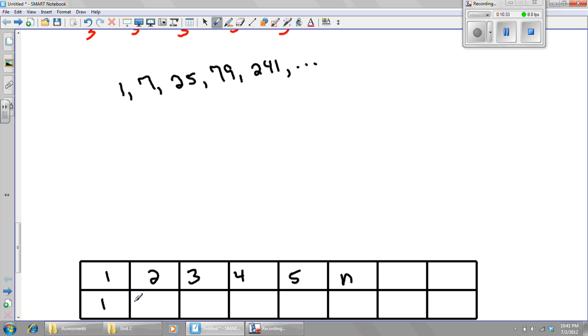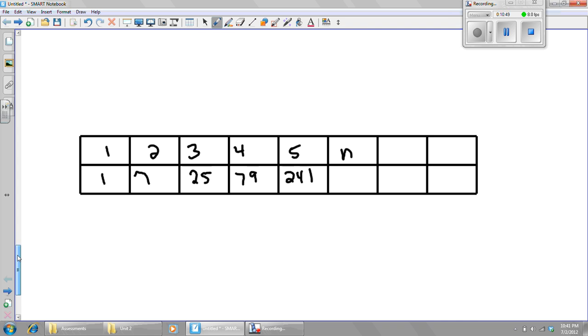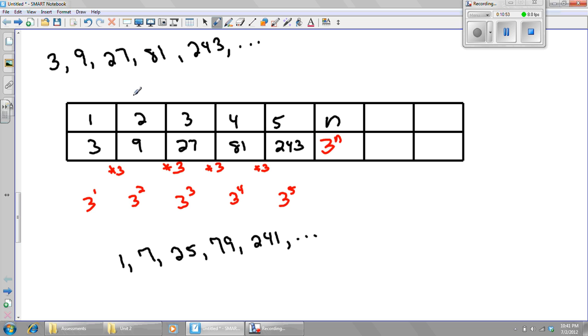I've got 1, 7, 25, 79, 241. If I do the first differences, I'm not going to have any luck. If I do the second differences, no luck again. Third differences, or if I try to double or triple them, that's not going to work either.